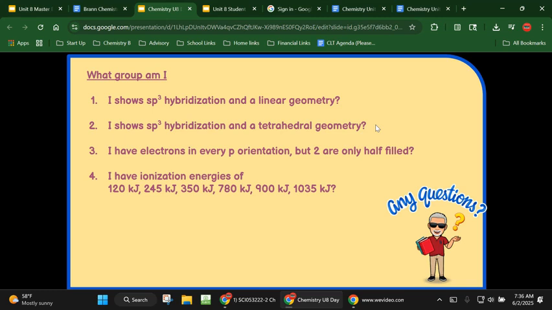Anyone? Looking at those numbers, there's one that is quite a bit different than the others. Nope, not the 1,000 one. But that is a good guess.